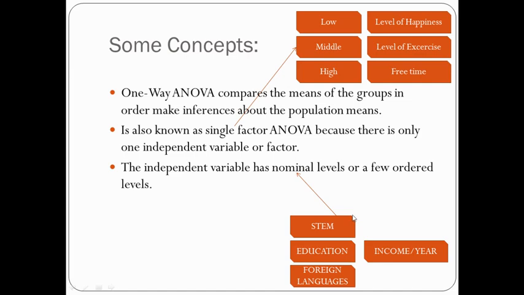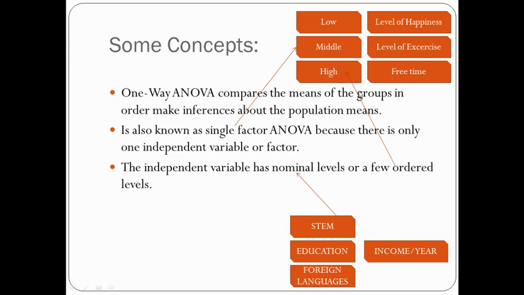And let me also explain what we mean by ordered levels. You can see the word order. Order means low to high, less to a lot, or very negative to very positive. That's what we mean by order.